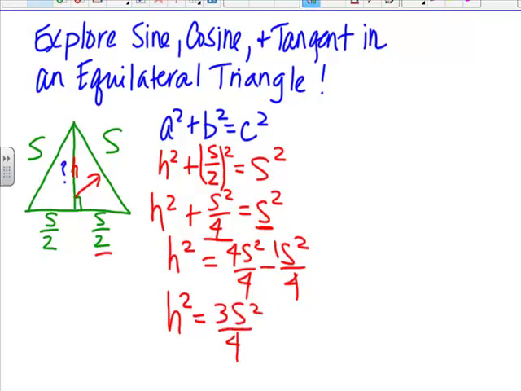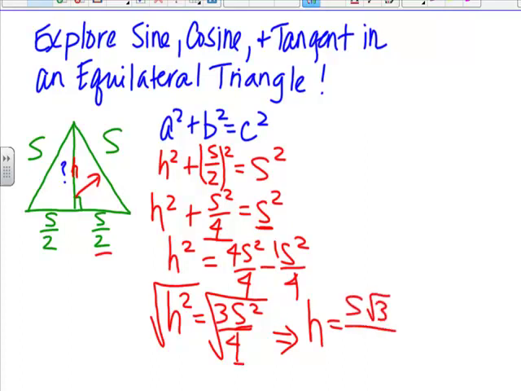You're saying, oh my goodness, what is she doing? But I want to know what the height is. I don't really want to know what h squared is. And so when I actually solve this thing, I get h is equal to the square root of s squared, which is s, the radical 3 is stuck, all over the square root of 4, which is 2.